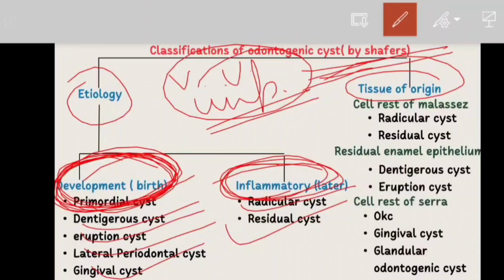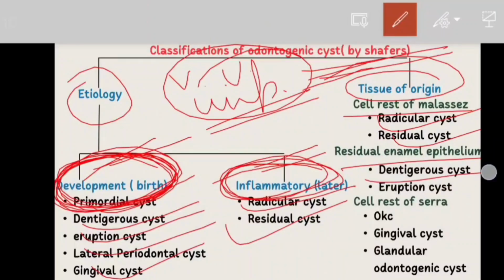Now next we see the tissue of origin. This helps understand where the epithelial cells responsible for the cyst originate from. First one is cell rest of Malassez. The cysts derived from the cell rest of Malassez are the radicular cyst and the residual cyst. So always remember. Now the second one is residual enamel epithelium.